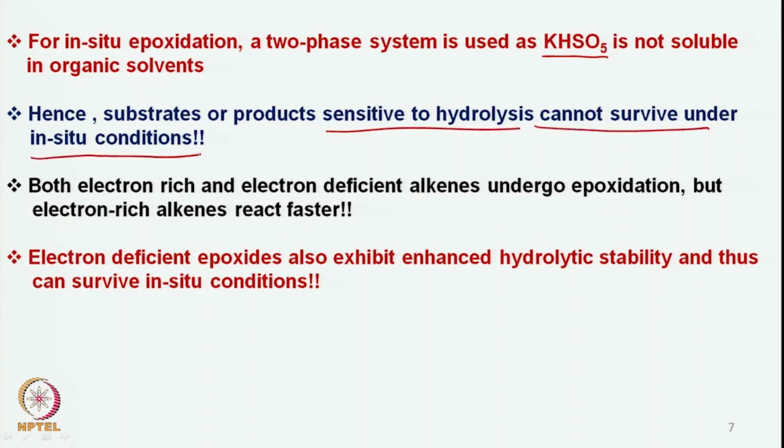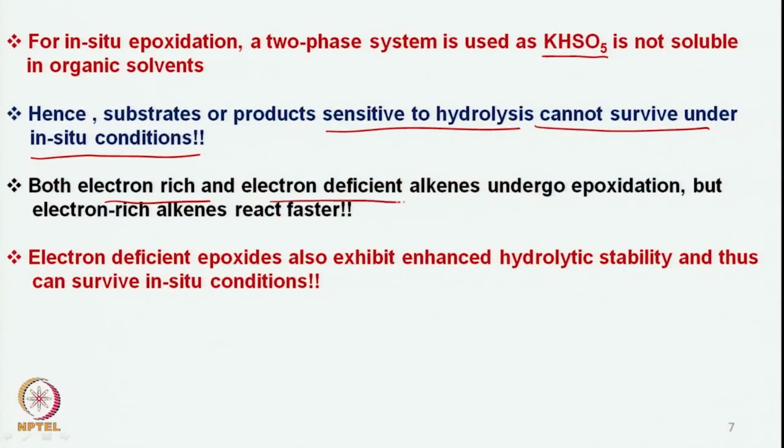So, if we do the in situ epoxidation, inside the reaction we take the ketone and add oxone, and if your starting olefin or the epoxide which is formed is sensitive to hydrolysis, then obviously it cannot survive under these conditions. So, there are advantages of using an in situ epoxidation, but there is also somewhat of a disadvantage.